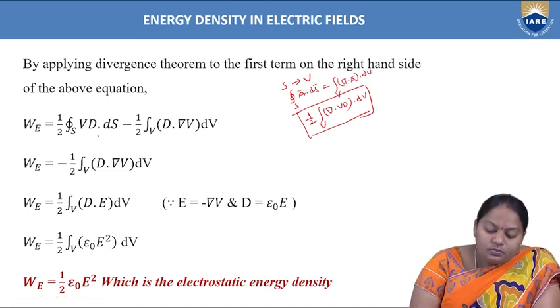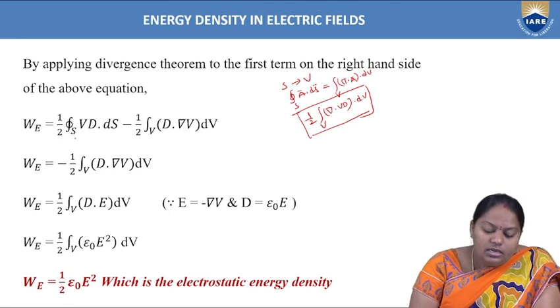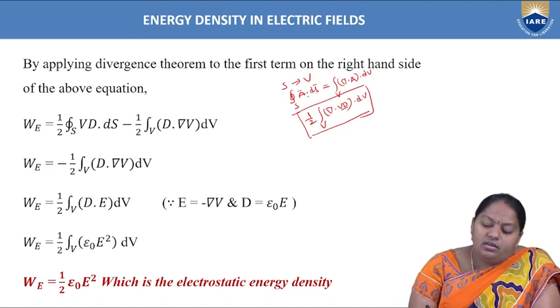Hence 1 by 2 closed surface integral, where del dot Vd is replaced by Vd dot ds. Why? Because Vd is a vector here, and in place of A we have Vd.